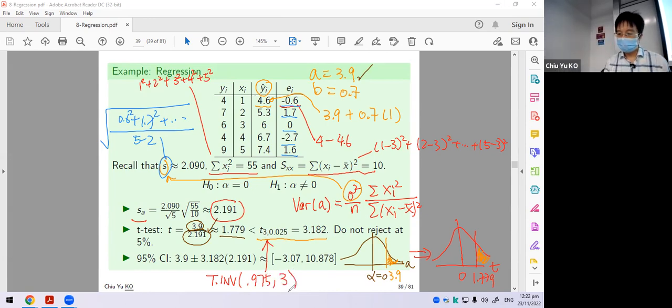That is how you get this number, and it turns out to be way out here, 2.5%. So in this scenario, you can't really reject.